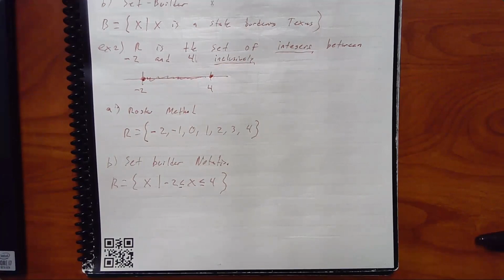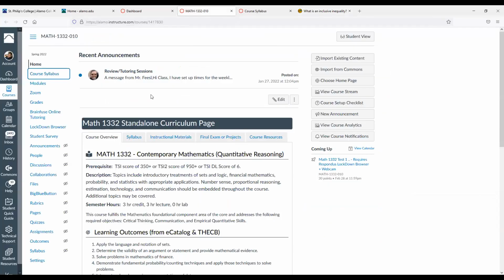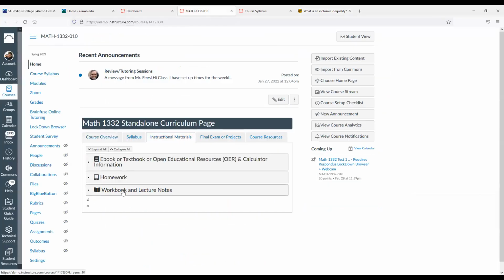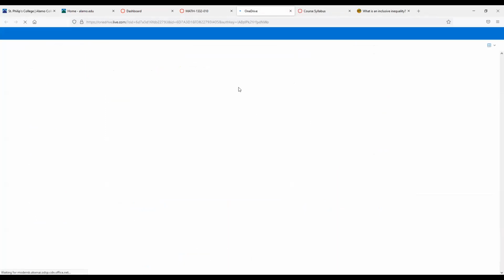Okay. Let me bring up the workbook up here. I'll put that back in a second. I think I might have downloaded it already, though.